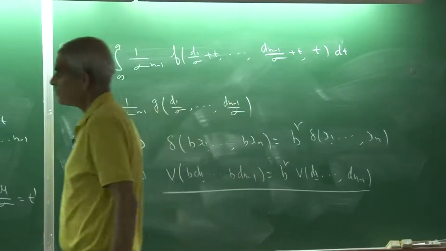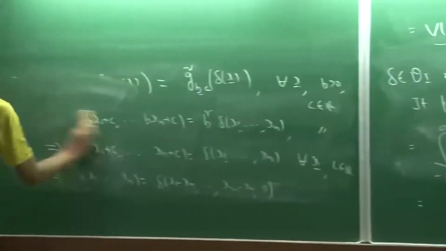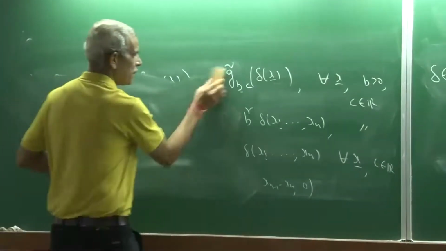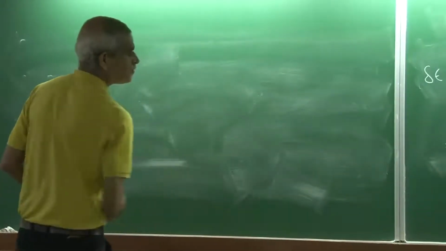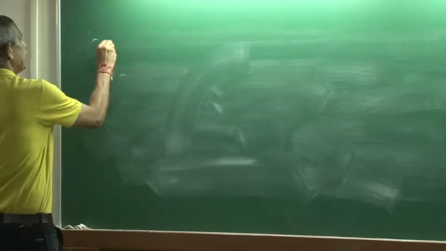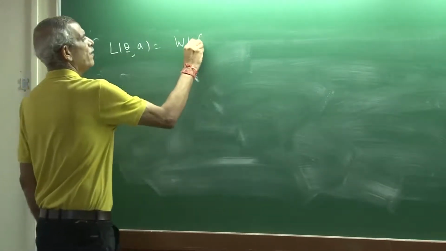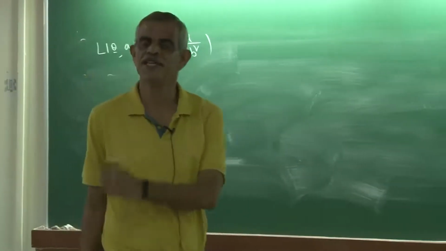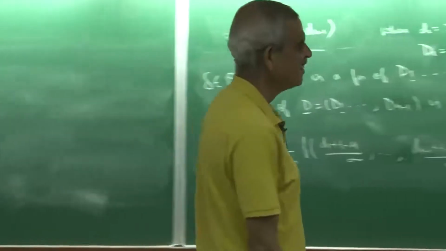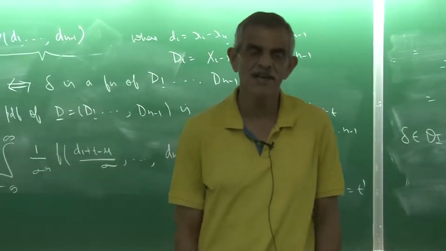L of theta, a is W of a by sigma to power r. So my loss function is also of the same type, similar to what we considered in the scale model.